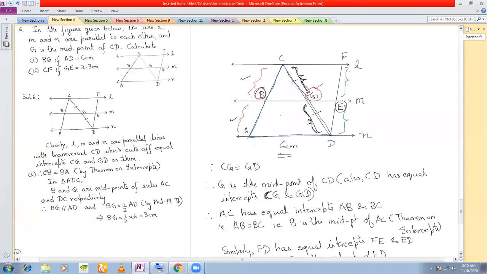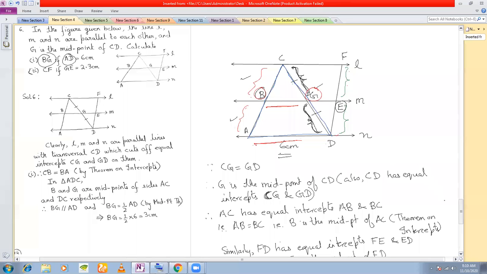Therefore, in this triangle, I can apply the midpoint theorem. I can say that BG is parallel to AD, which is obvious because these two lines are parallel, given. Also, BG is equal to half of AD. In the question, you need to find BG given AD. So if AD is 6, the length of BG is 3 centimeters.